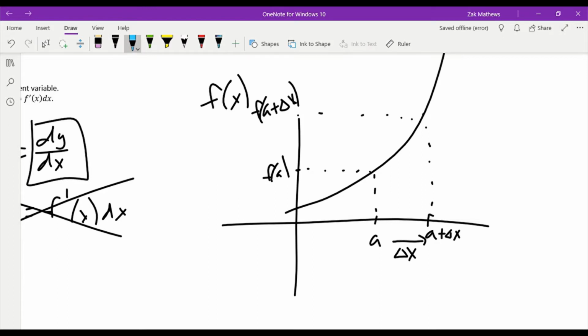Rather than dealing with a more complex function, it could be anything that yields this curve. It could be some crazy portion of a sine graph, or some combination of functions like sine x plus the cubed root of x minus the square root of 5x minus 2. We just don't know where this little portion of the curve is coming from. I haven't defined the actual function, so I might not want to deal with that crazy function.